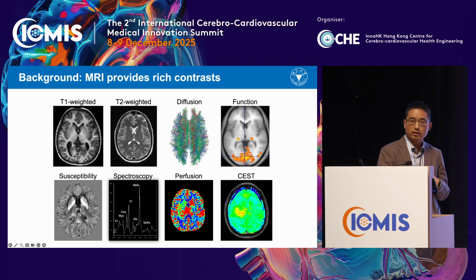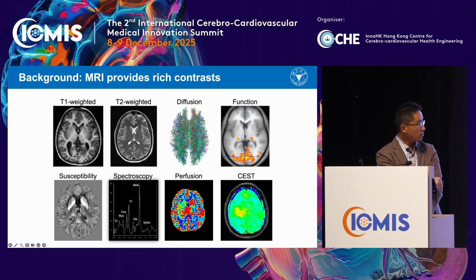For a regular, healthy person, water molecules make up 70 to 80% of our body weight. That's what the regular MRI techniques detect. That's where the image comes from. But CEST MRI can detect the non-water molecules, like the proteins or metabolites in our body. That's the unique advantage of CEST MRI.